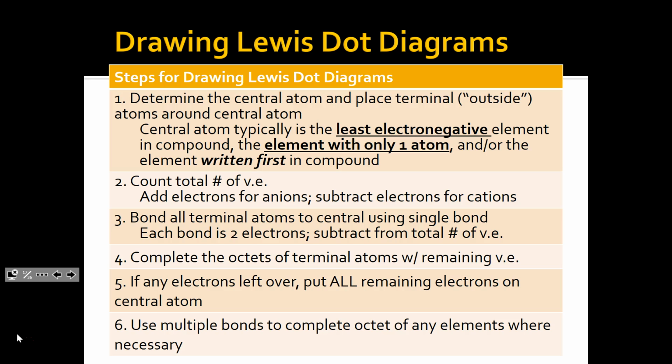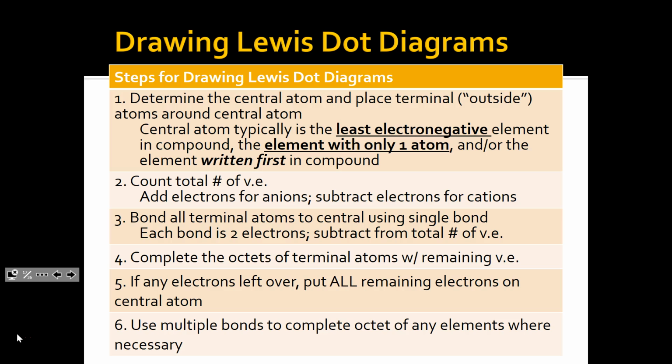Now, how do you know what atom in a formula is the central atom? Well, the long story short is after some practice, you'll quickly start to see what atom is the central. However, here are some things you can look for. A lot of times, the central atom is the least electronegative element in the compound. It's the element that there's only one, and/or it's the element that's written first.